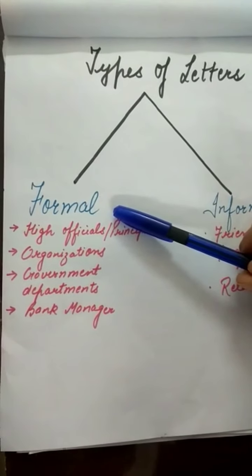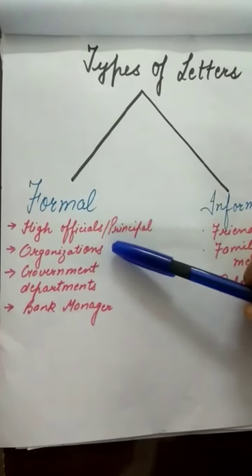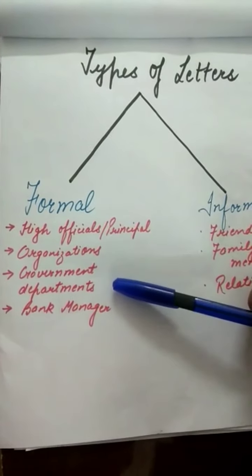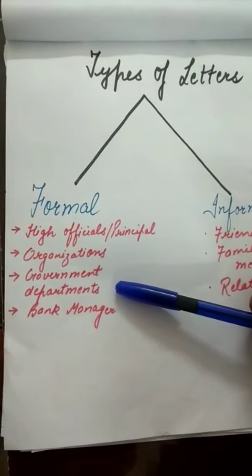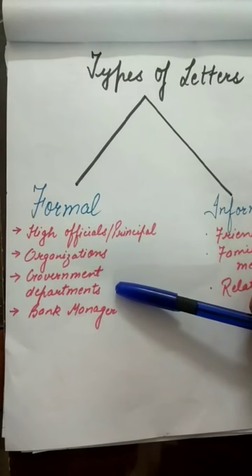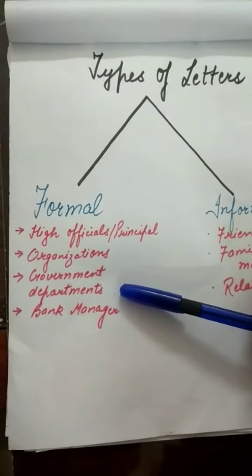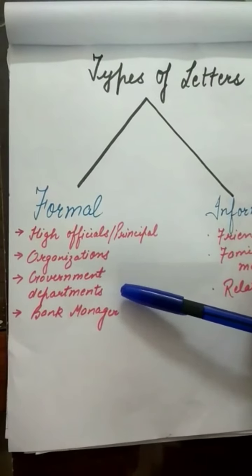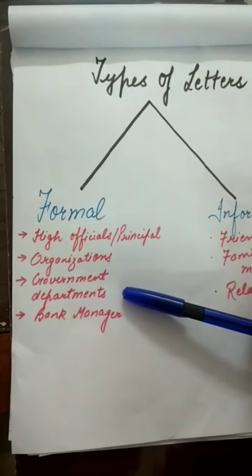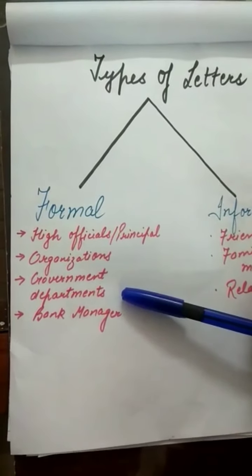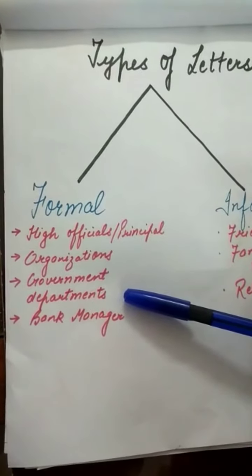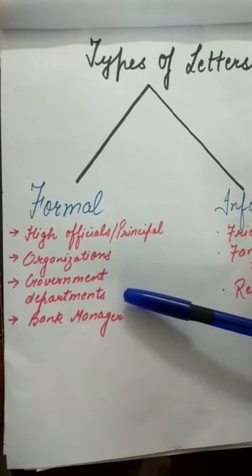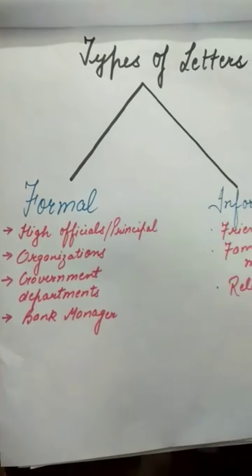Similarly, letters to high officials, organizations, government departments, and bank managers are considered formal letters. Formal letters are used to make complaints, requests, inquiries, orders, etc. In a formal letter, your tone is full of respect. Here we use formal words and sentences.